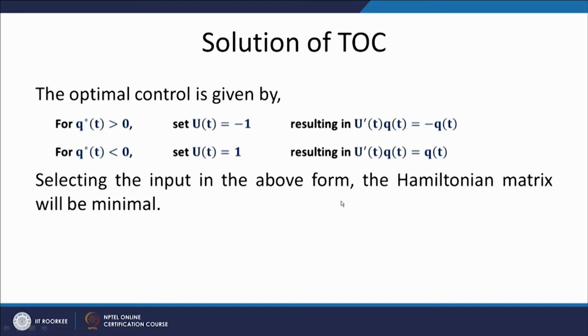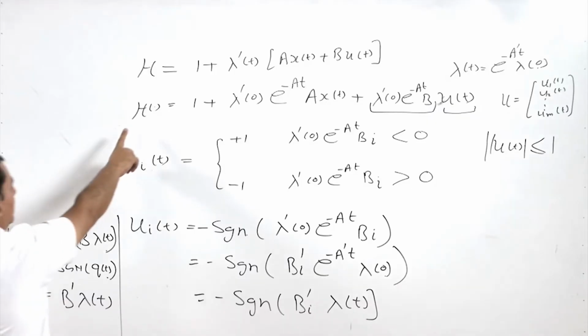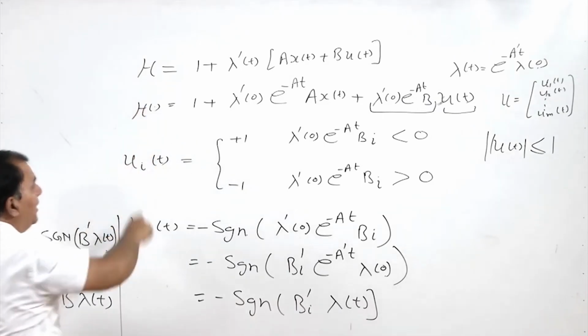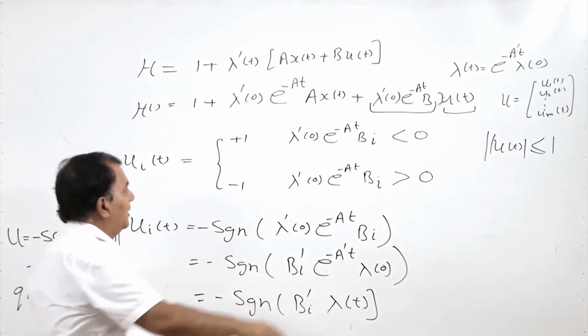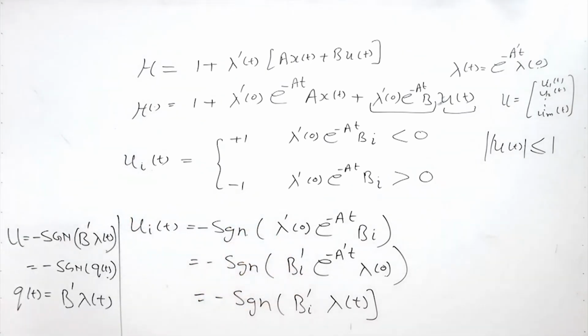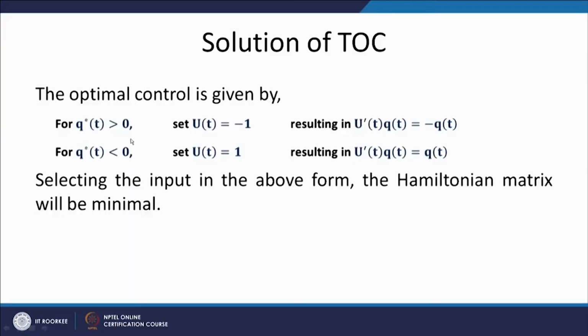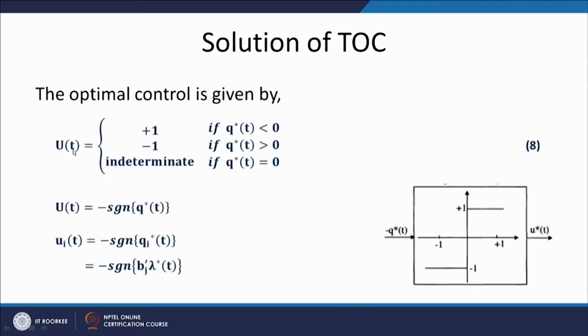So, selecting the input in the above form, we can minimize the Hamiltonian H. So, this H can be minimized if I select this qt, which is nothing but B prime lambda t, to be greater than 0 or less than 0. So, if ut is plus 1, my q is less than 0, if ut is minus 1, qt is greater than 0.